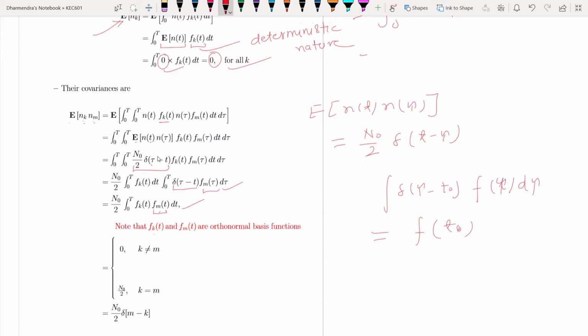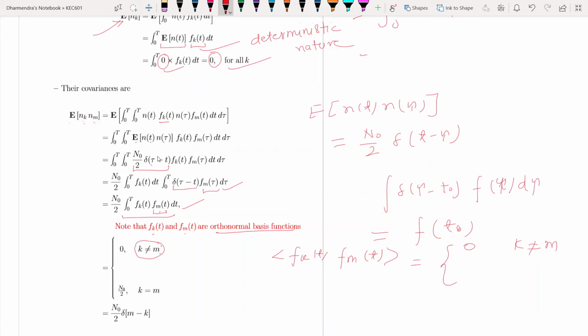So note that f_k and f_m are orthonormal basis signals. Orthonormal means the inner product of f_k(t) with f_m(t), the integral, is 0 when k is not equal to m, because they are orthogonal, so the inner product should be 0.